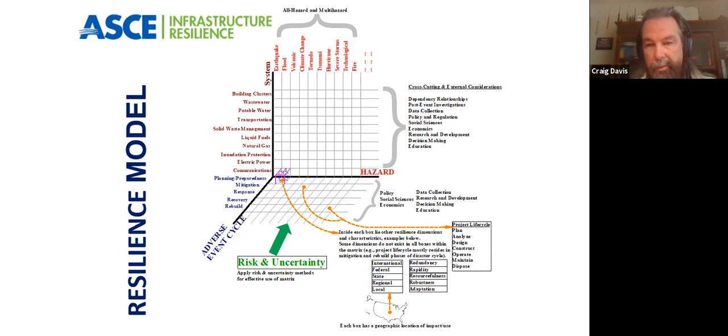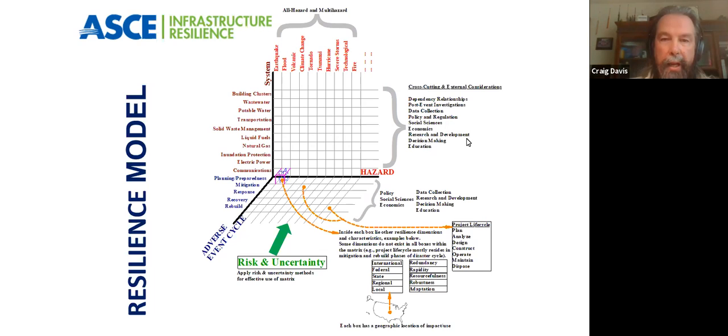We have concepts of redundancy, rapidity, resourcefulness, robustness, mitigation, or adaptation, I mean. Mitigation also is an aspect. Then we have the project life cycle. Each of these dimensions, the 3 primary dimensions, makes a cube, of which these other dimensions fit within that cube, right?